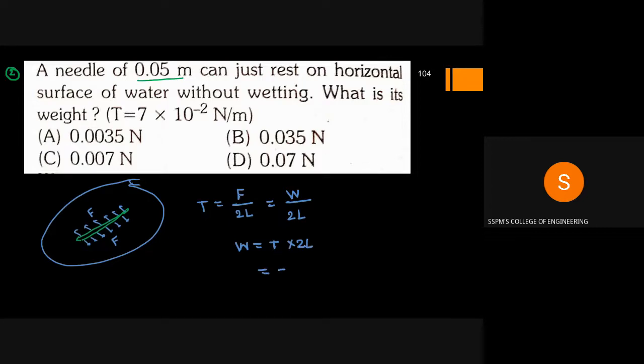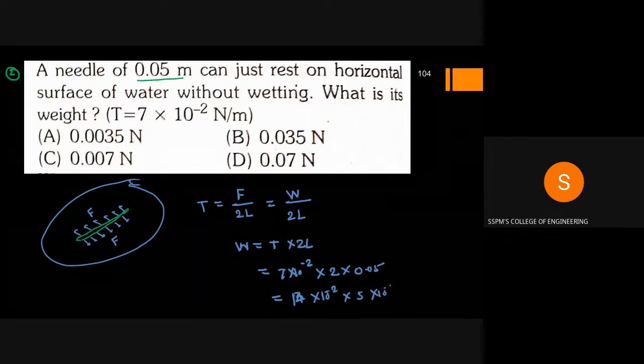So T is given as 7 into 10 to the power minus 2. 2 into L is 0.05. So you will get the answer as 14 into 10 to the power minus 2 into 5 into 10 to the power minus 2.